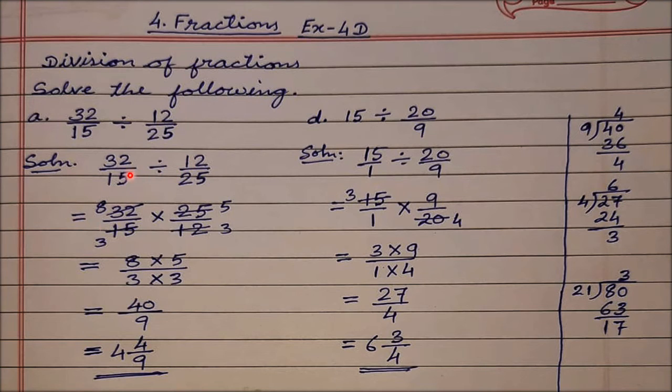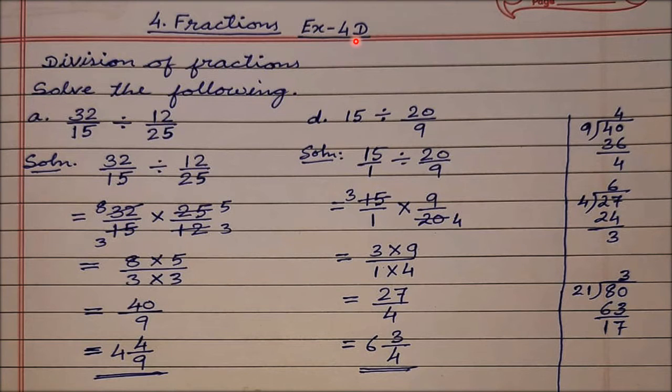Now next step, we'll write the dividend as it is, 32 by 15, and the division sign changes to multiplication, and immediately we will write the reciprocal of the divisor. It will be now 25 by 12.